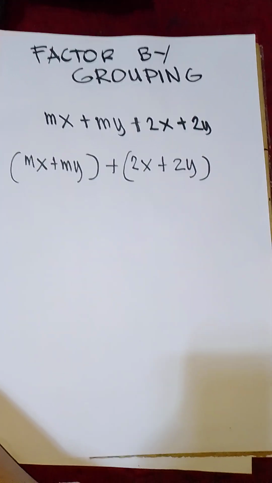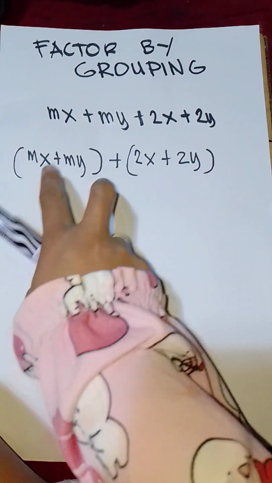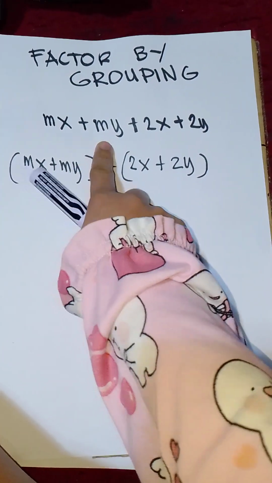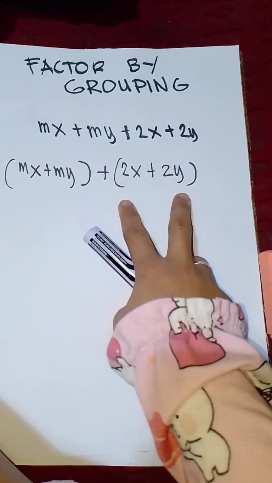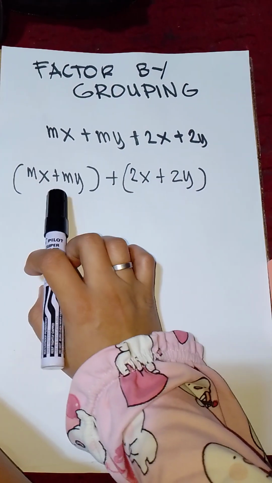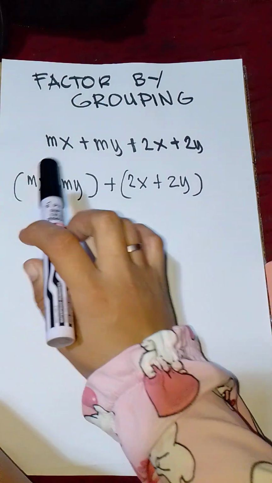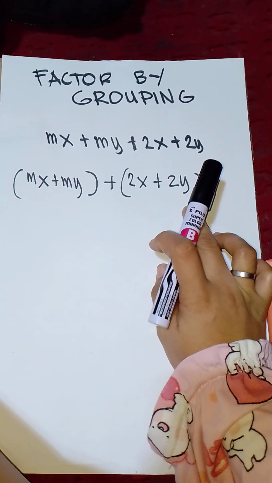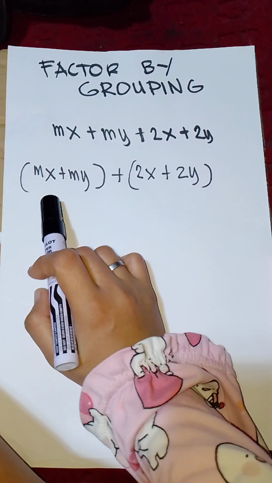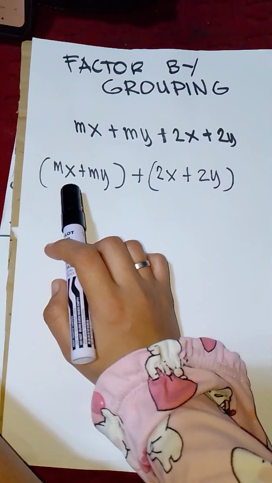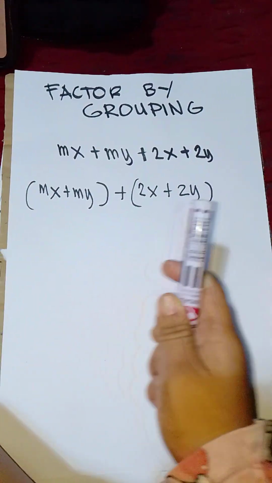Next, factoring by grouping. Given mx plus my plus 2x plus 2y, we're going to group them. So mx plus my is one group, and 2x plus 2y is another group. We'll get the monomial common factor of this.